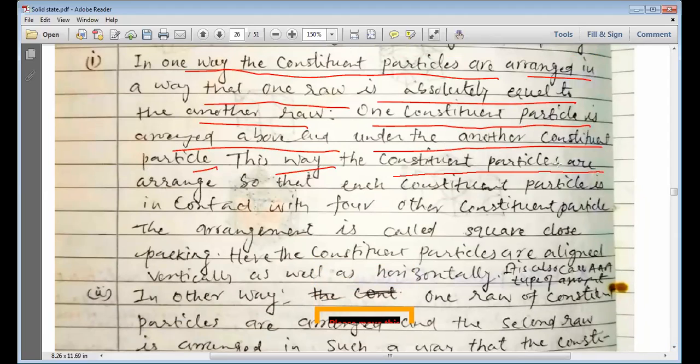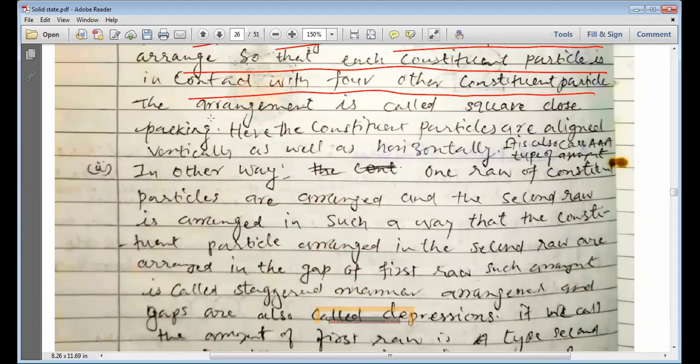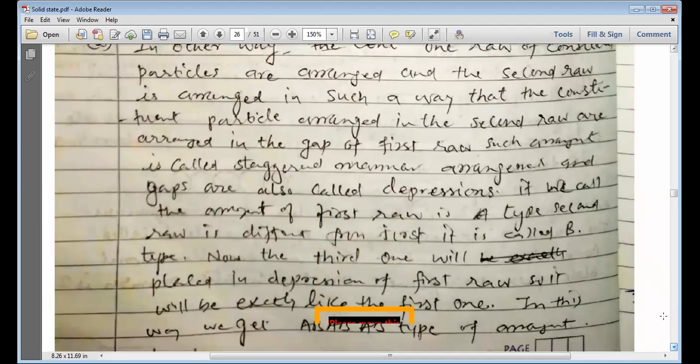This way the constituent particles are arranged so that each constituent particle is in contact with 4 other constituent particles. The arrangement is called the square close packing, and here the constituent particles are aligned vertically as well as horizontally. It is also called AAA type of arrangement, and in AAA type of arrangement we have coordination number 4.